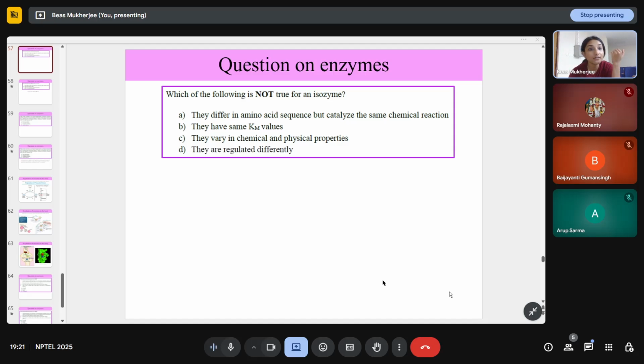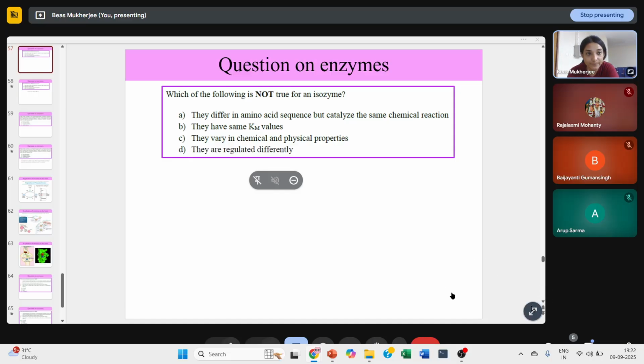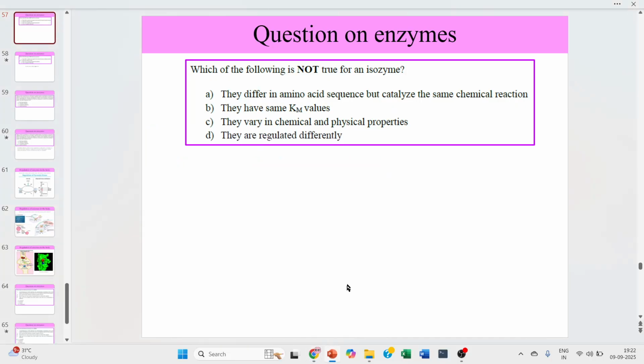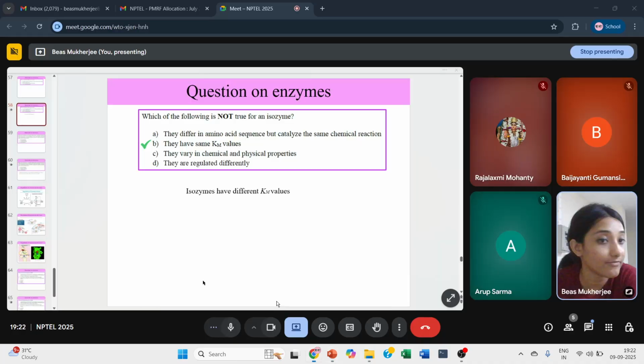C. They vary in chemical and physical properties. D. They are regulated differently. So which one of these do you think would be wrong? Okay, so B. B says that they have the same Km value. Yes, that is right. So they have different Km values, right? So isoenzymes have different Km values. Okay.